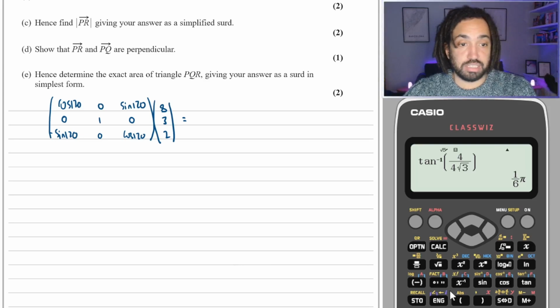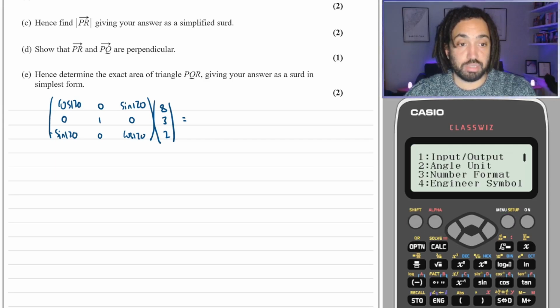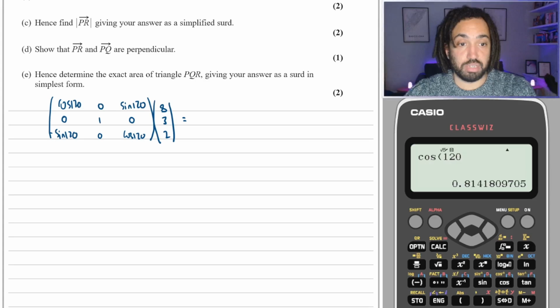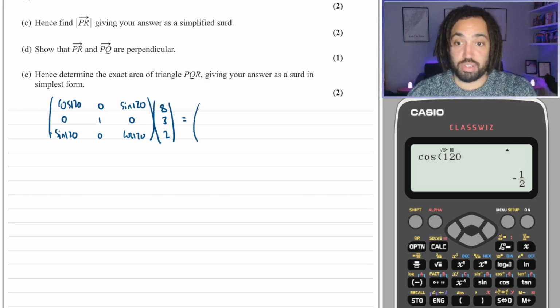Okay. So let's do that. We'll start with cos of 120. Sorry about this, I need to be in degree mode now. So that's minus a half times 8, which is going to give you minus 4. 0 times 3 cancels out, and then sine 120 times 2.